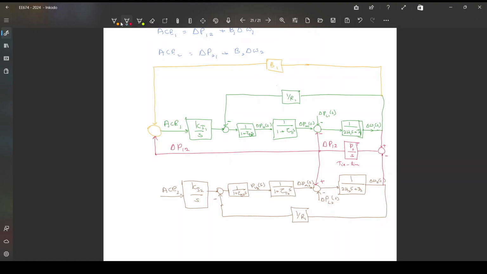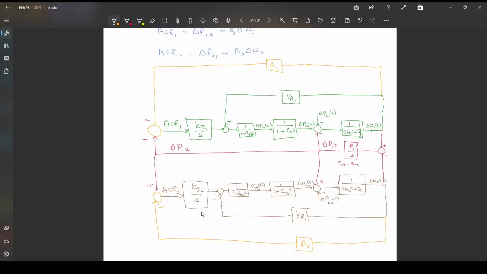So you are giving the error, so this should be minus and this should be minus. In the other one we need delta P21, so it's minus of delta P12. So here actually this becomes plus, and here you have B2 times delta omega 2, and this is minus.